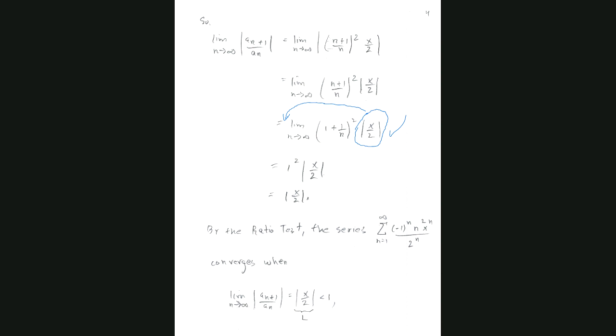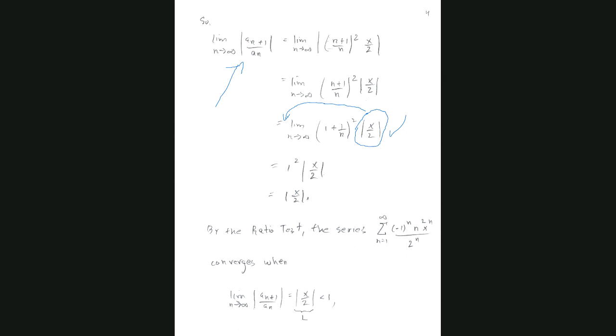When you take the limit, you're going to get 1 squared times the absolute value of x over 2, because as n gets large, 1 over n goes to 0, and 1 plus 0 squared is 1 squared. So the limit of the absolute value of the ratio of the n plus first term to the nth term is equal to the absolute value of x over 2.